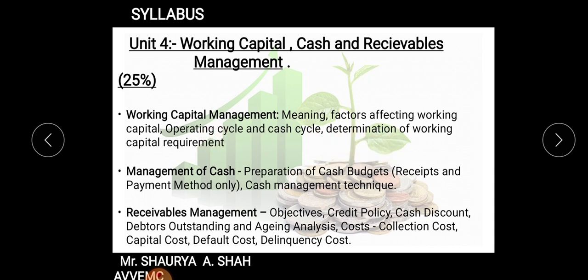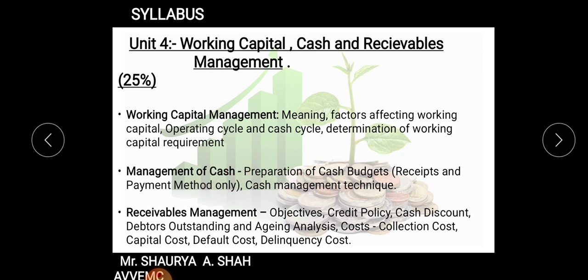First of all you need to study the concept of working capital. As we all know the basic meaning of it: current assets minus current liability. But you will also study in depth its importance and its types, fine? Then the next is cash management.